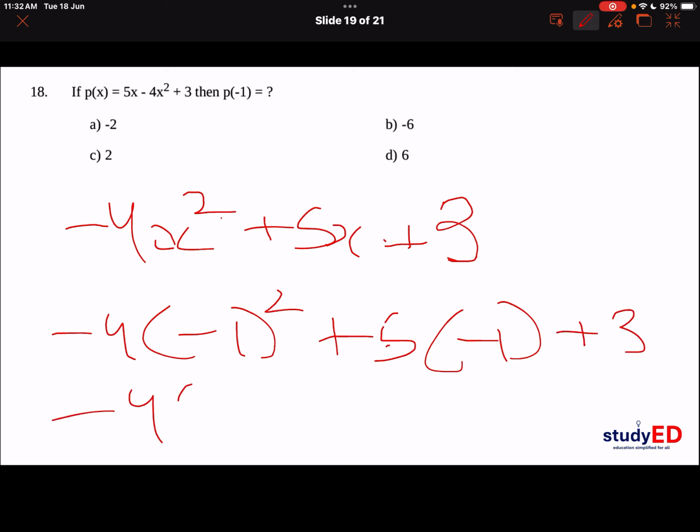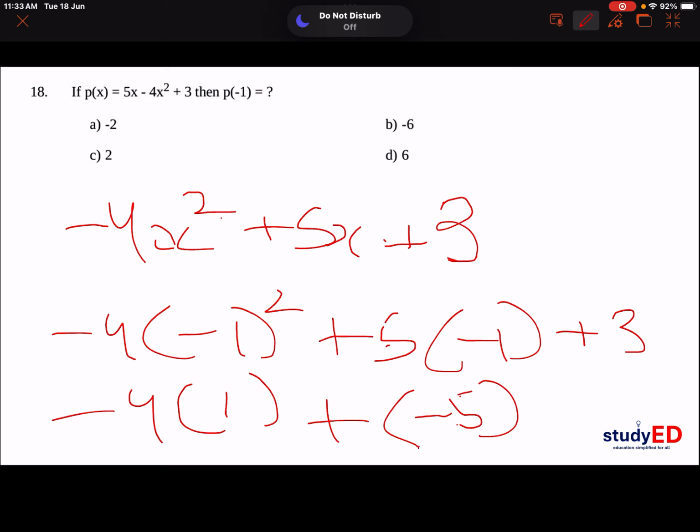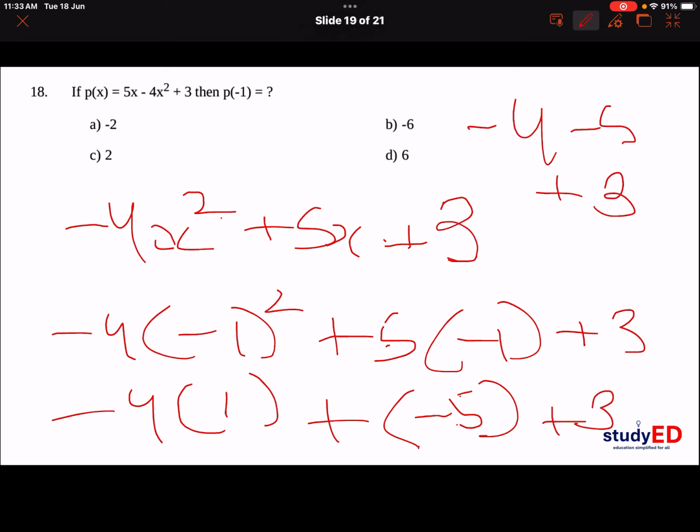Minus 4, and minus 1 square is directly 1, plus minus 5 plus 3. So that's minus 4 minus 5 plus 3. That's minus 9 plus 3, which is nothing but minus 6. So we choose 18B, minus 6.